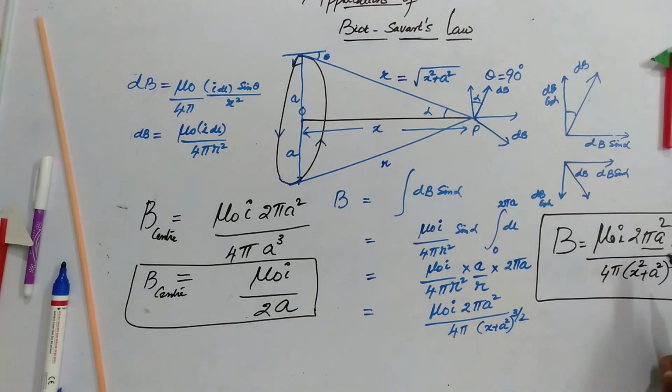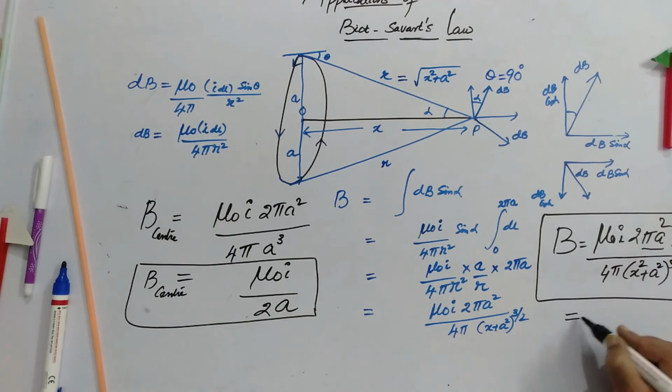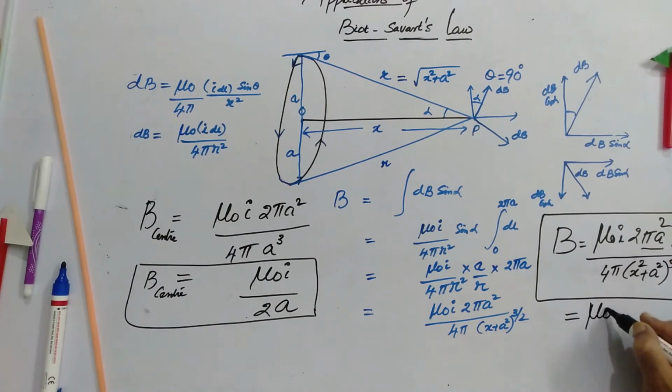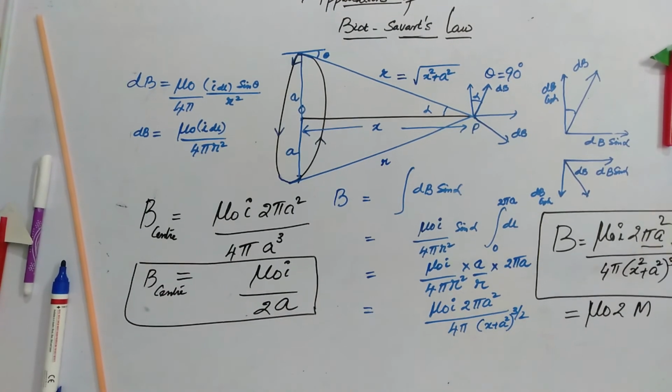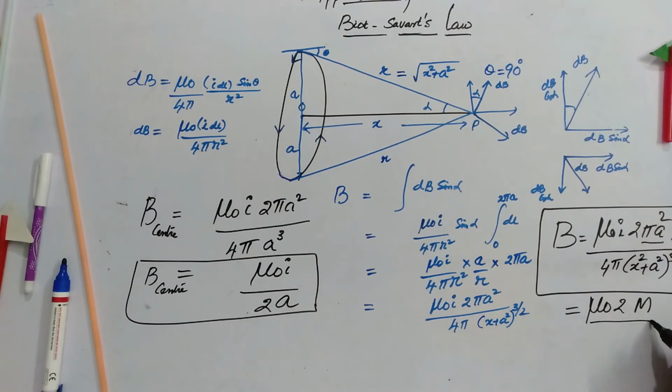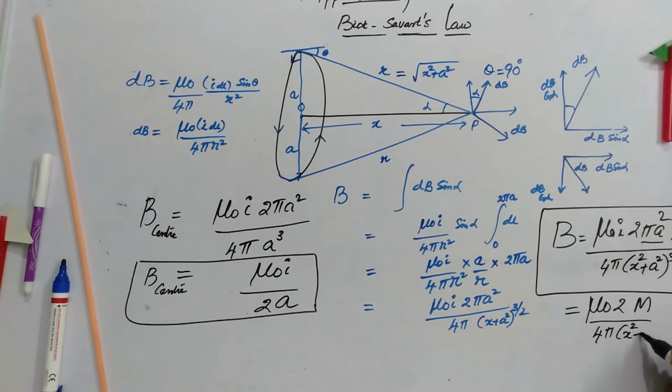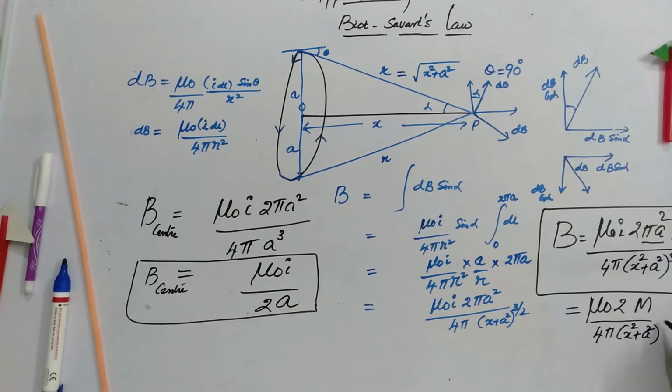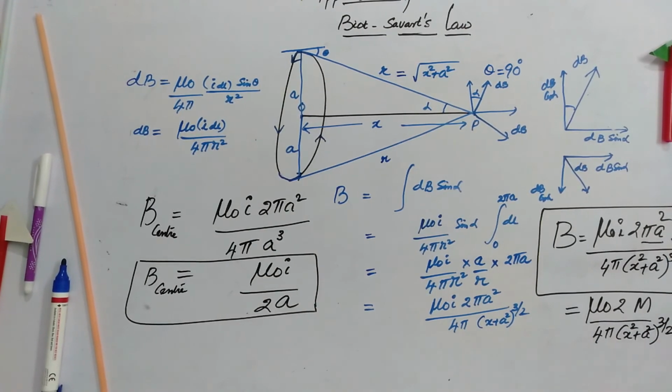So magnetic moment is represented by m. Therefore, I can write this result as mu naught 2 m by 4 pi times x square plus a square whole to the power of 3 by 2.